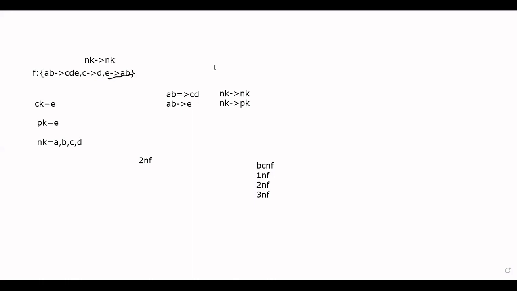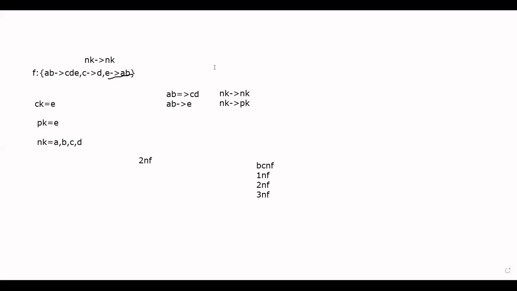Ma'am, if the condition satisfies BCNF, we have to consider the 2NF conditions also. Wait, it is not like that, that if you get one functional dependency higher, you'll consider all as higher.